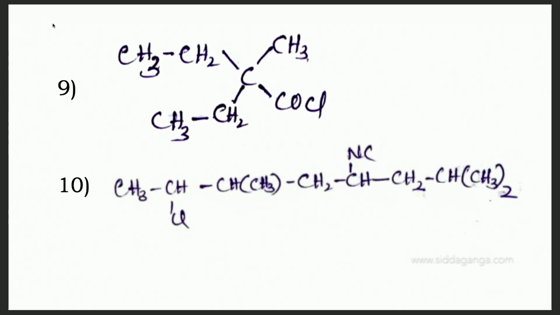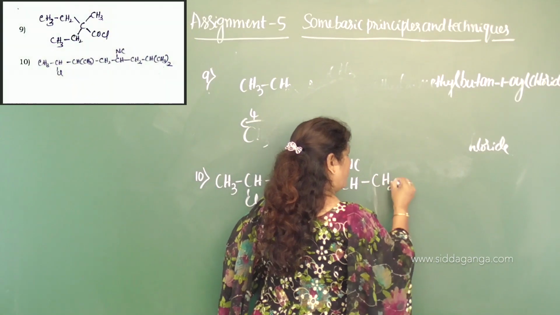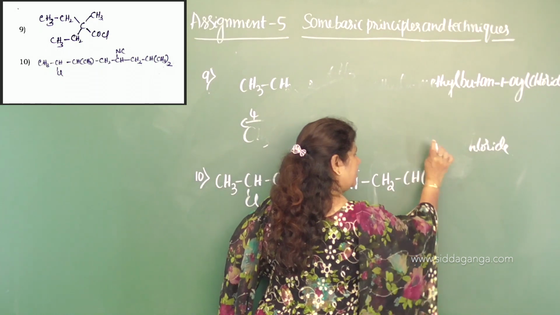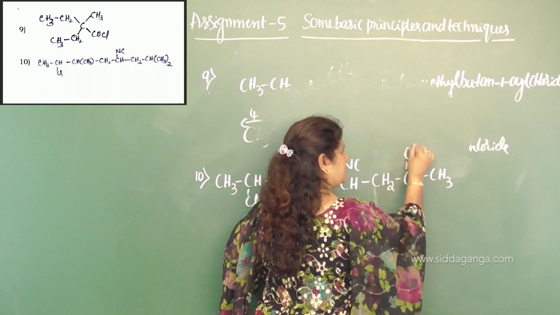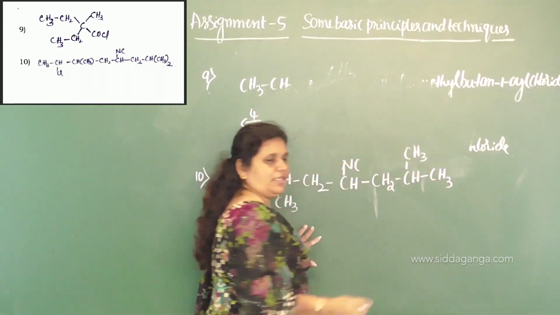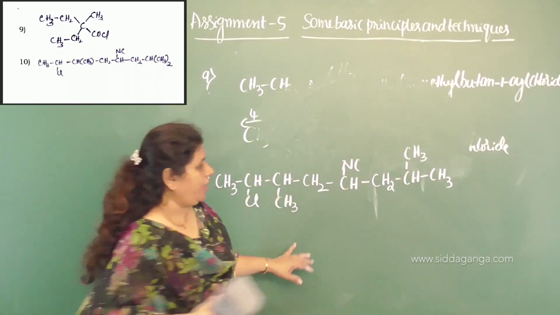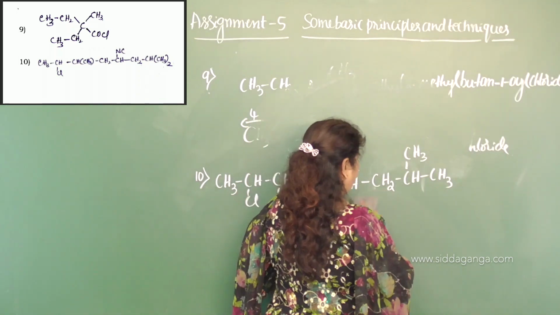And CH, NC, isonitrile, correct? The compound contains the functional group isonitrile. Then CH2, CH, CH3 taken twice, meaning this CH3 belongs to the same carbon. So it belongs to this carbon here.